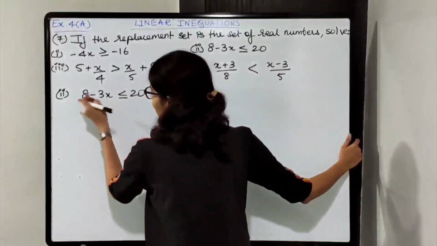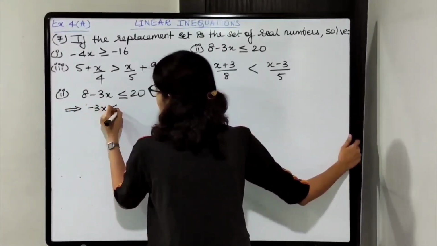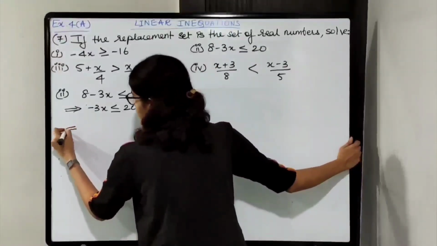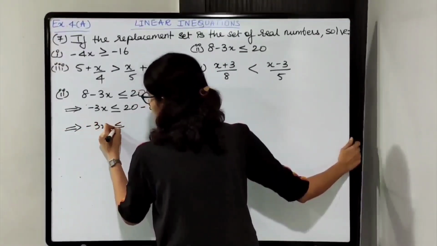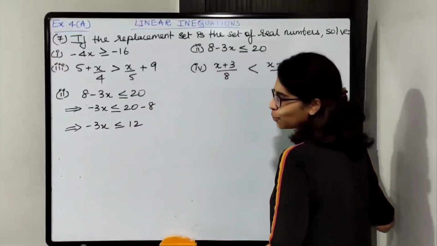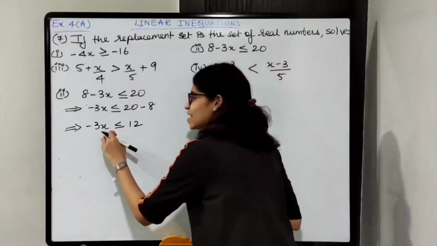So shifting it over here. Minus 3x is less than or equal to 20 minus 8 हो जाएगा. So minus 3x is less than or equal to 20 minus 8 is 12. Okay. 3 को shift करना है, but before that x is negative.